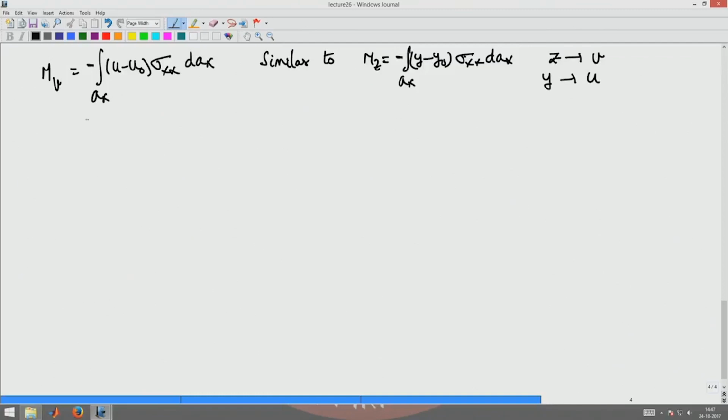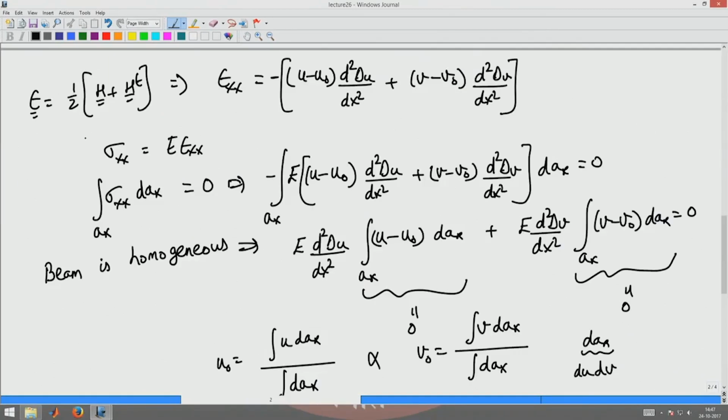Now, then what will I get? I got sigma xx as this equation in here, epsilon xx substituted in here with Young's modulus gave me the sigma xx equation.